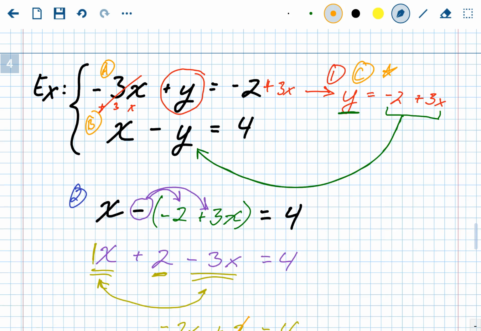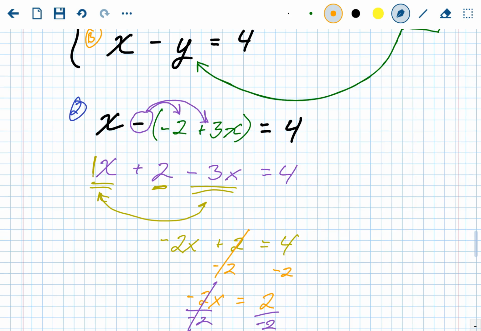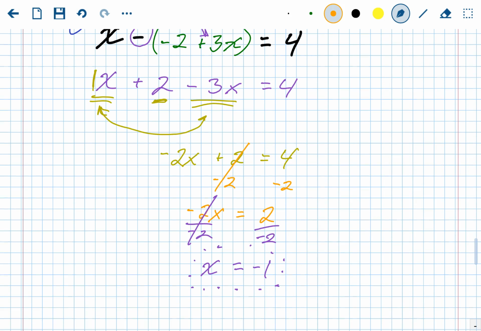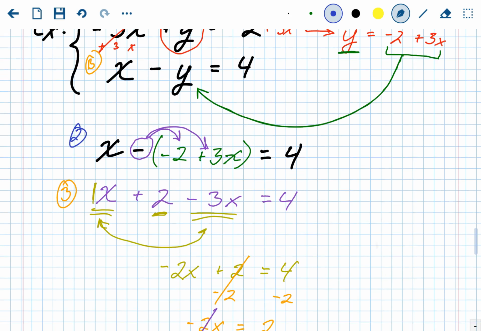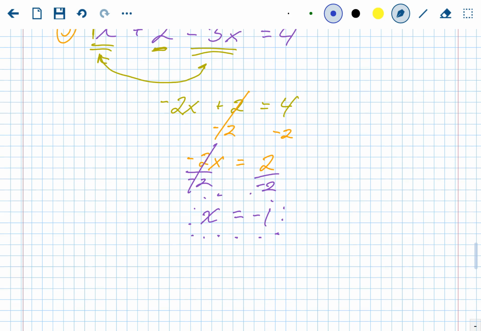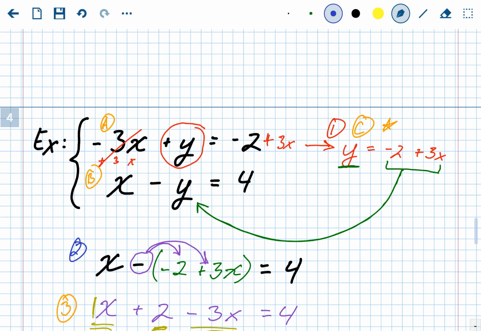So I'm going to use option C, which was y equals negative 2 plus 3x. I didn't number it, but this was step 3, simplify and solve. And then step 4 is I'm going to substitute this value, x equals negative 1, into this equation for x.